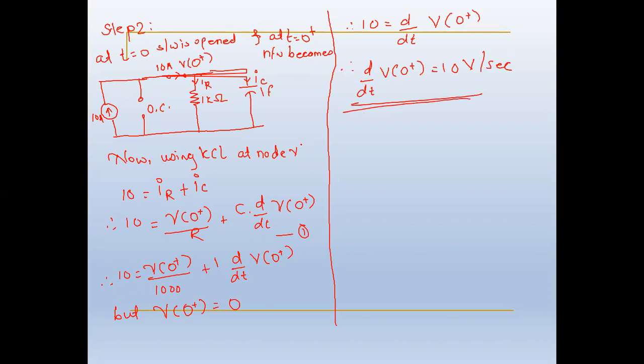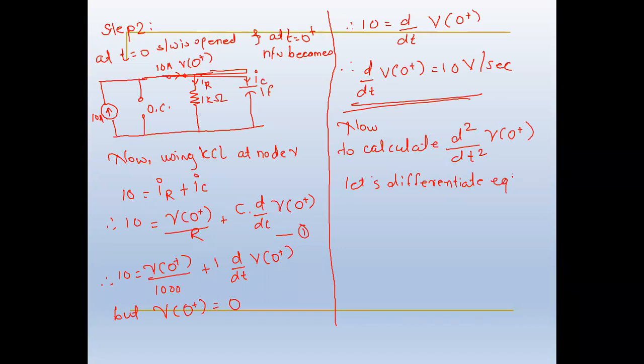Okay. Now, what we have to calculate? To calculate d square by dt square V of 0 plus. So what we have to do is, let's differentiate equation 1.